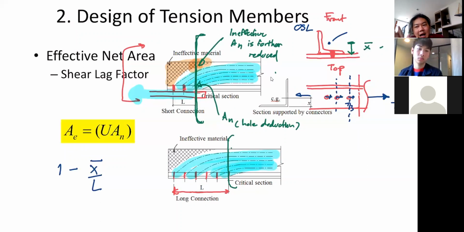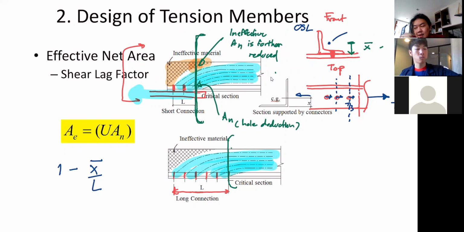It doesn't matter how you try to connect the member. It doesn't matter if you use bolts. It doesn't matter if you use welds. As long as you don't connect every element, you will have a shear lag problem.